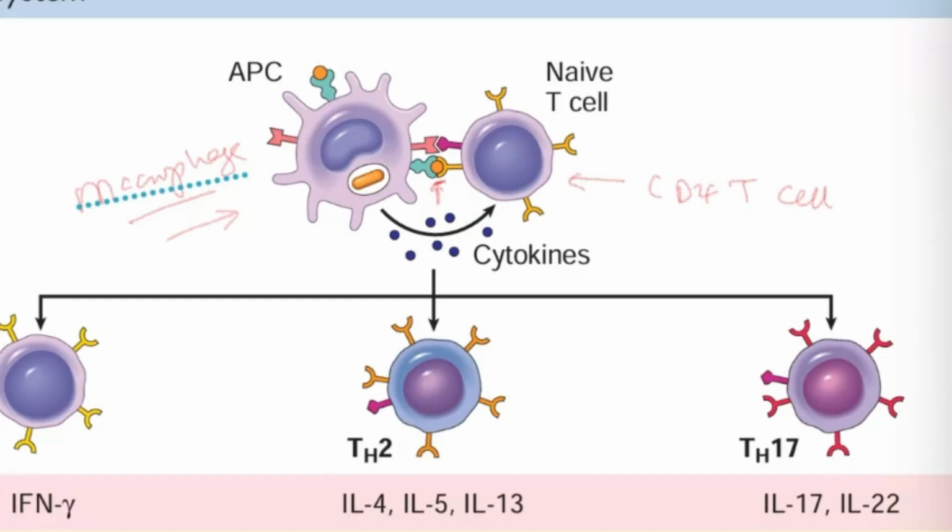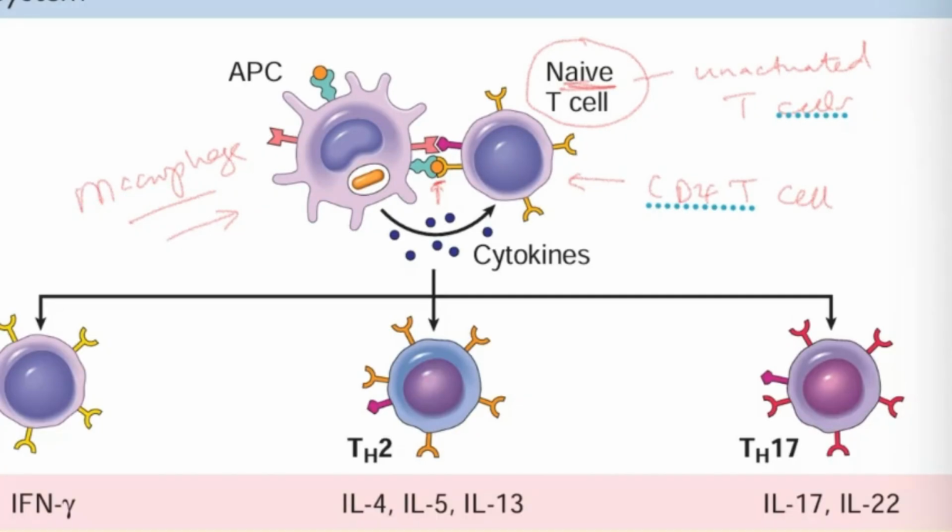The other thing I forgot: before the cells interact with an antigen, before they become activated, they are called naive T cells. When you hear a naive T or B cell, the word naive just means an unactivated lymphocyte, T cell in this case. When they say naive, it means it has not encountered an antigen.